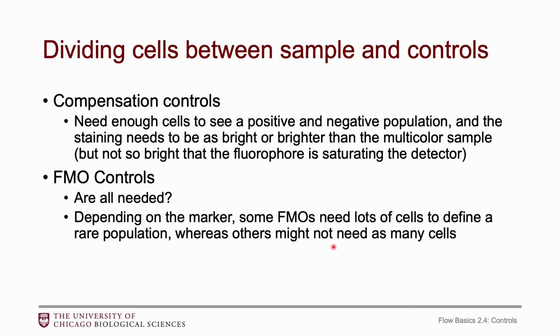So if you have CD45, which is very abundant, it's expressed on most of the immune cells, then you probably don't need a ton of cells in that FMO control. But if you're planning on looking at a marker on a really rare subset of cells, then you probably want to try to keep the cell number in that FMO control as close to your sample as possible.